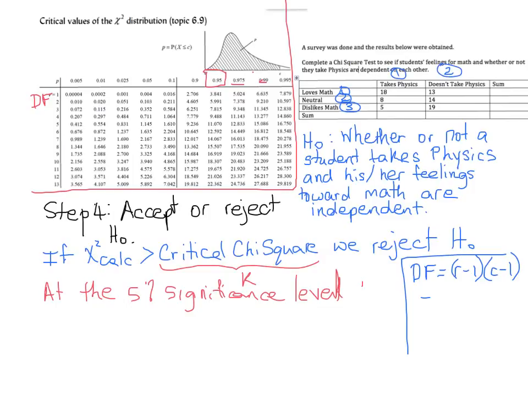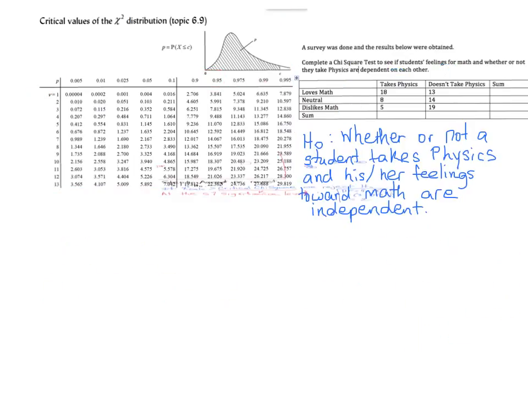So my degrees of freedom is 3 minus 1, because that's my number of rows, times 2 minus 1, which will give us 2.